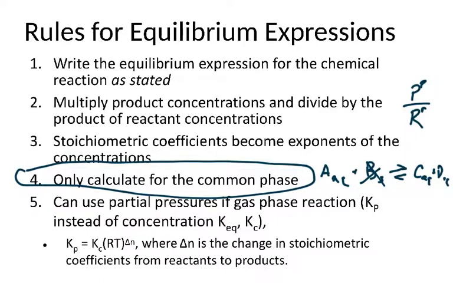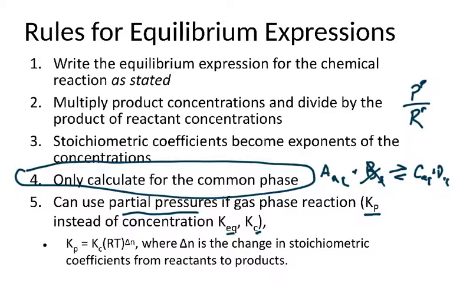Speaking of gases, if you're using a gas phase reaction, you can use the partial pressures instead of concentrations. Then we often use the subscript P to indicate that it's an equilibrium constant using pressures instead of the concentration, which we either use a KEQ or a KC.